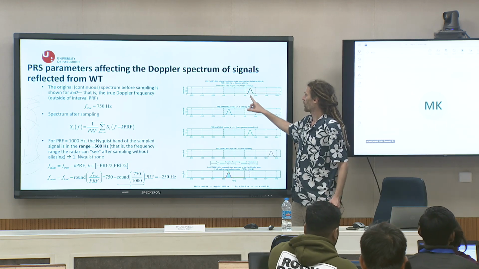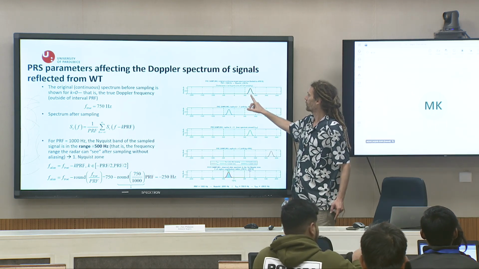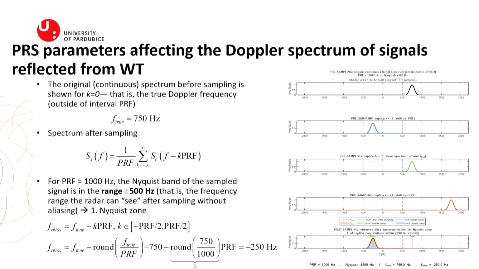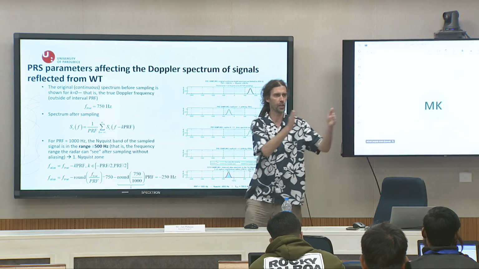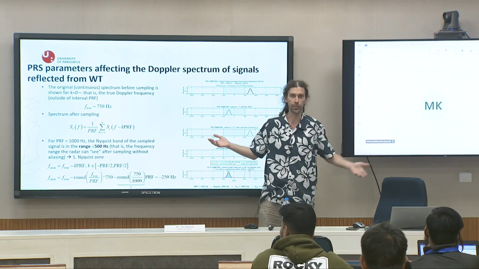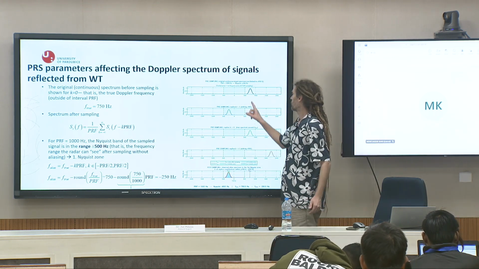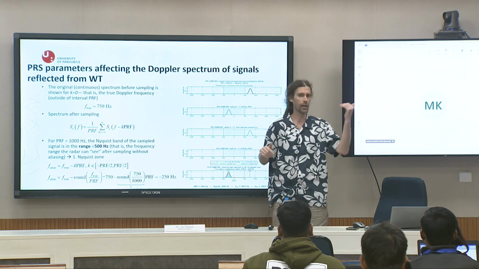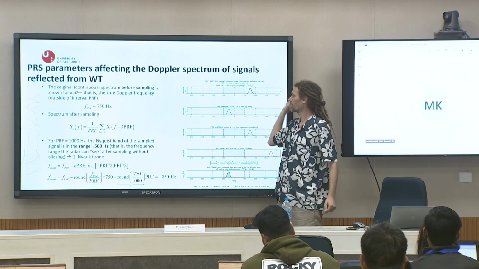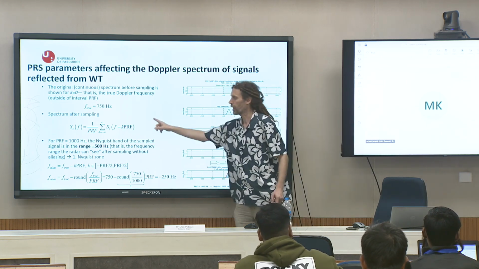Imagine that our reflection has a central frequency after sampling of about 750 Hertz, but due to aliasing it is described by this formula, a sum of individual repetition periods, infinitely many: the original first zone, second, third, 4, 5, 6, 7, and so on, for positive and also for negative.